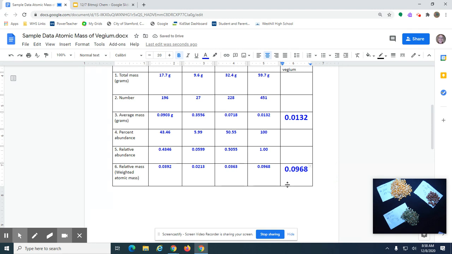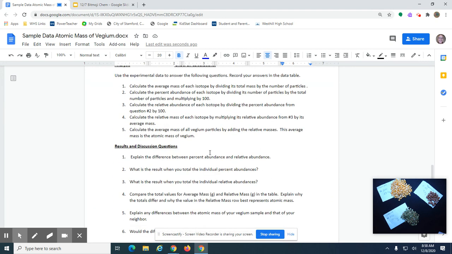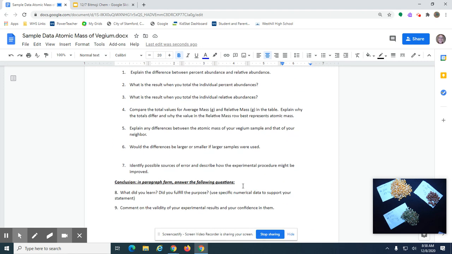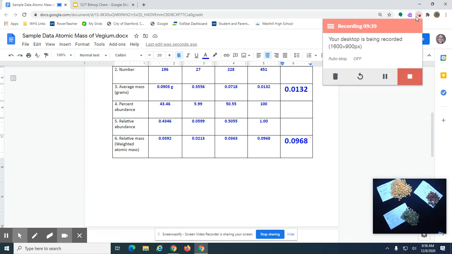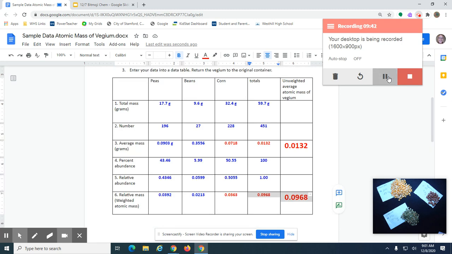So these are our numbers, and now that you have these numbers and you know that you can count on them, you can now use them to answer the discussion questions and your conclusion questions. So it always is in your best interest to check your work, because I found why my numbers didn't look right to me.